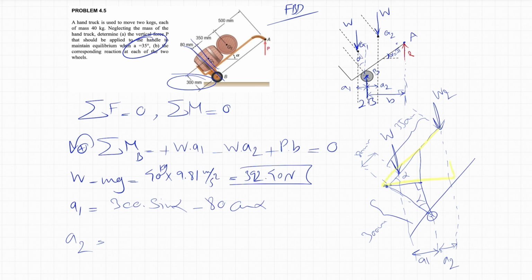If we look at the triangle that I'm showing in here in yellow, we can find this part easily by 80 plus 350 cosine of alpha.